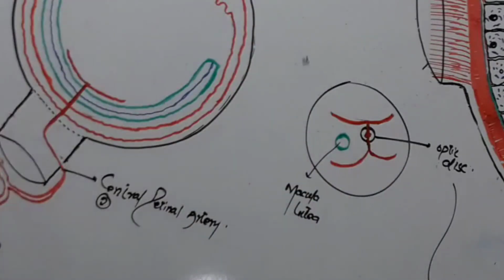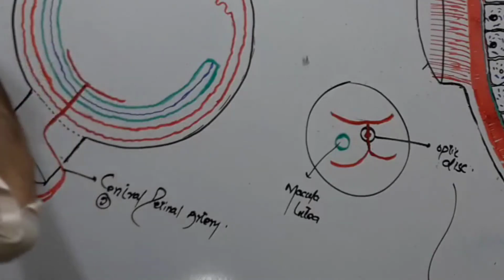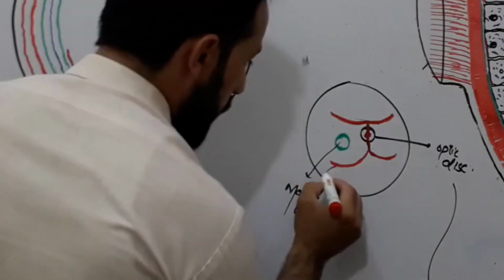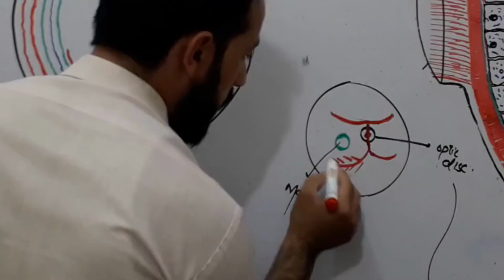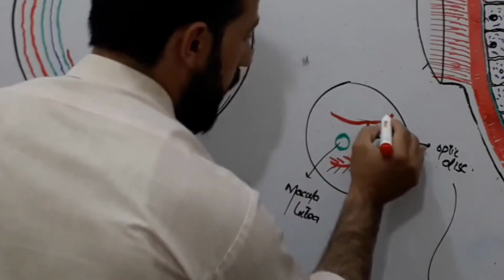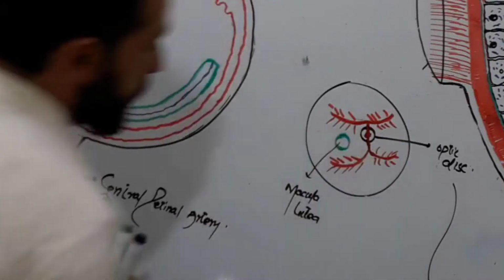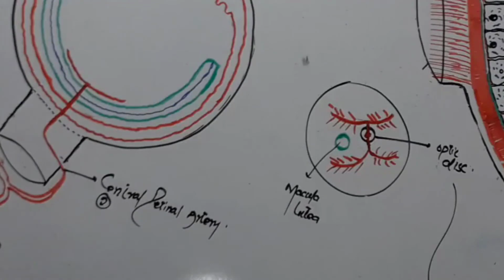We cannot make that diagram here. Furthermore, they will give some very small and fine arteries, arterioles, and they supply each quadrant of your retina.